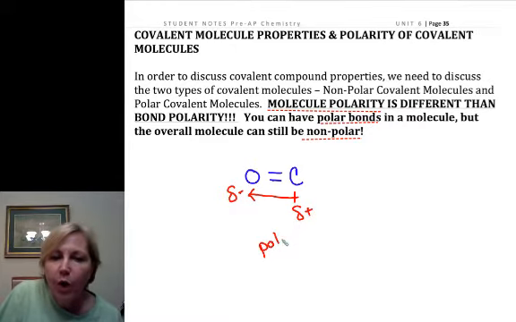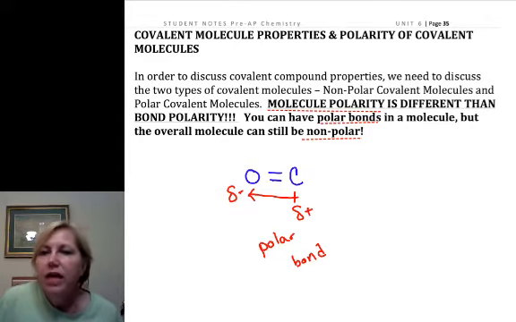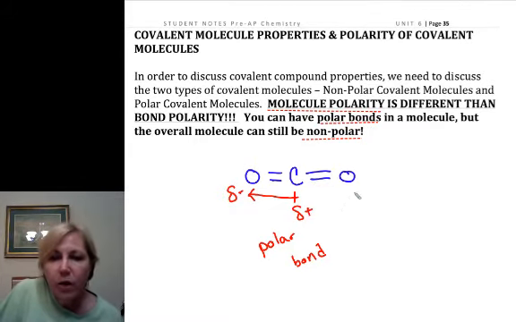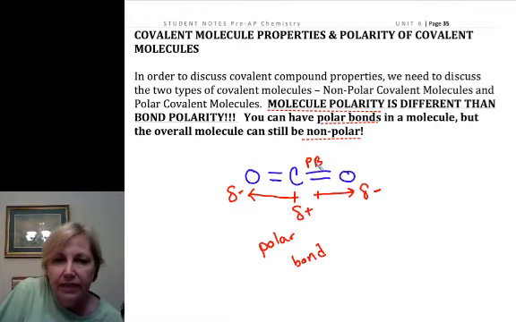That is a polar bond. Now, let's take a look at the entire molecule. This would show the whole CO2 molecule, in which you have two polar bonds. So that's a polar bond, that's a polar bond.